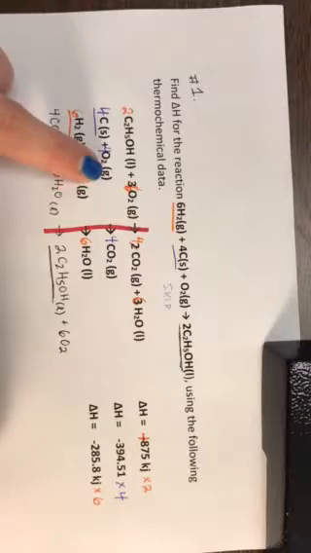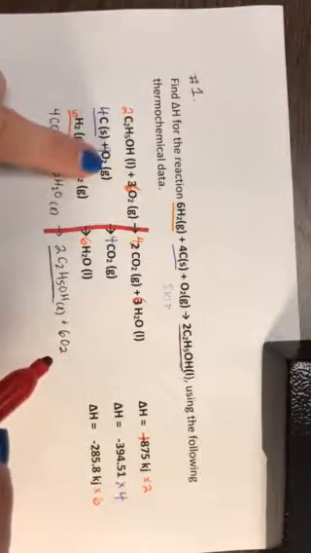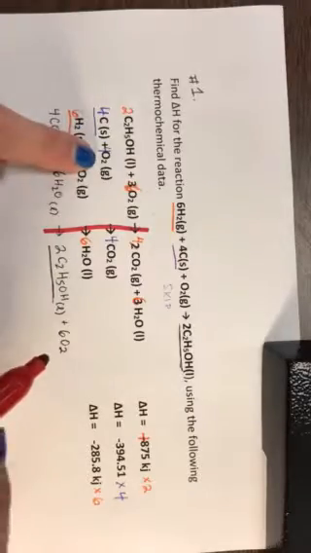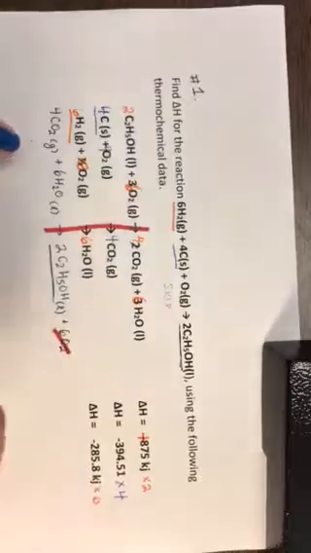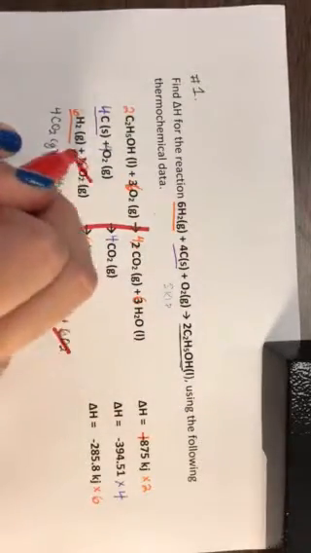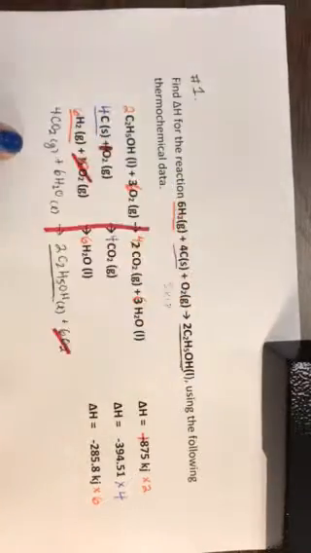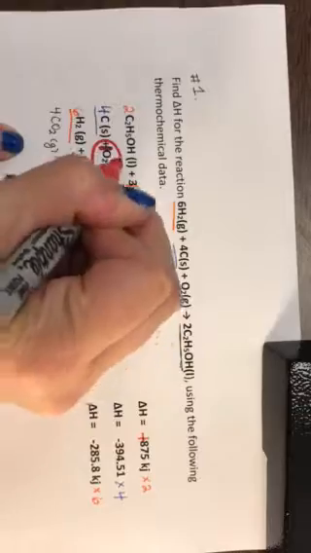So we have 7 oxygens on this side, and we have 6 on this side. That means 6 of these will actually cancel out. And that means we're going to be left with 1 oxygen, and that's actually what we wanted. So I'm going to get rid of this. This I'm just going to fix over here. It doesn't really matter which one I fix, but I know I have to get rid of 6. So I'm just going to change this to a 1. So there's my 1 oxygen that I needed as one of my reactants.